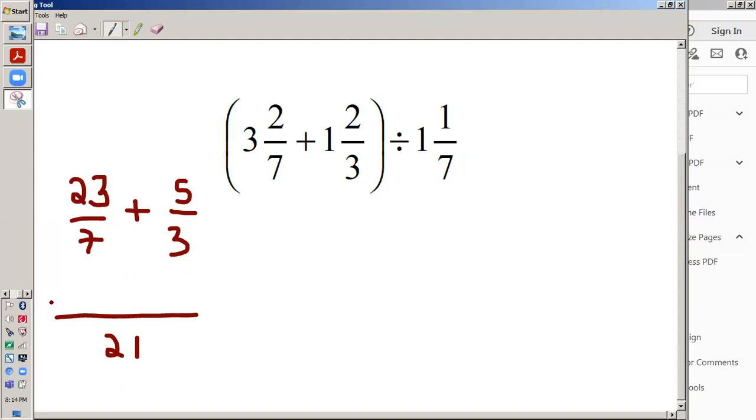Right. So now we say 7 into 21: how many groups of 7 can we get out of 21? That will be 3. That answer goes to the top of this. Then we multiply 3 times 23, which is 69.